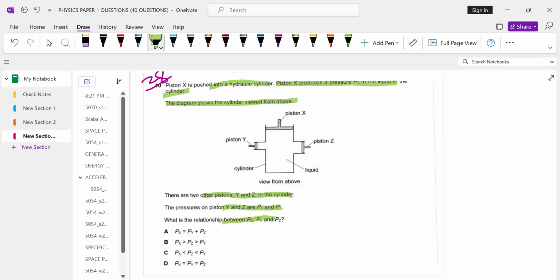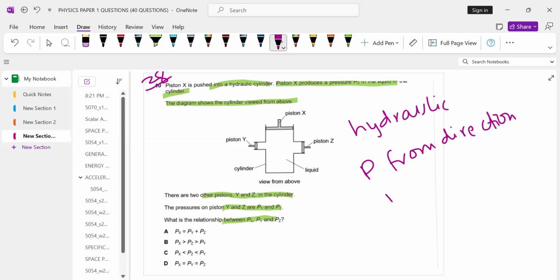What is the relationship between Px, Py, and Pz? You need to remember one thing, that in hydraulic pressure, the pressure at every point, or from any direction, is the same.